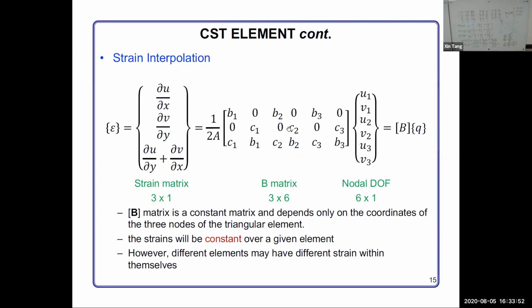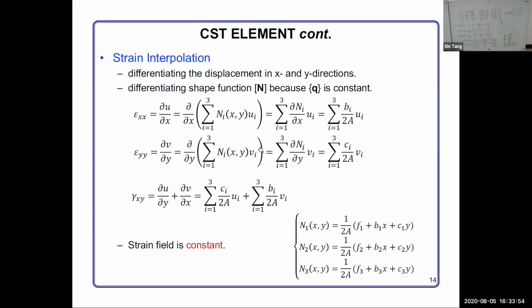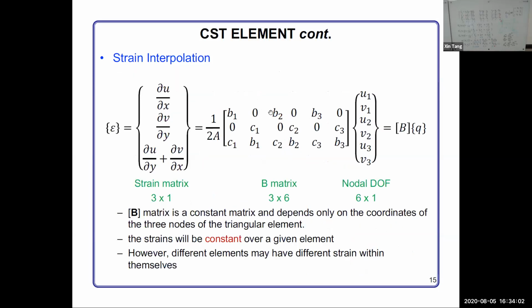Altogether there are 3 equations here, and also 3 equations here, but each equation has multiple terms. You have 3 terms here and 6 terms here. That's why here you have 3 non-zero constants and 3 zeros, while in the last row you have 6 non-zero constants.